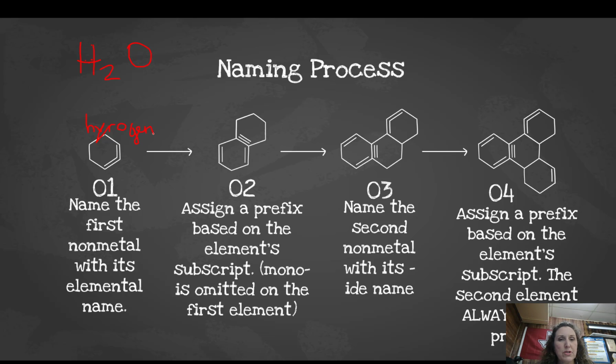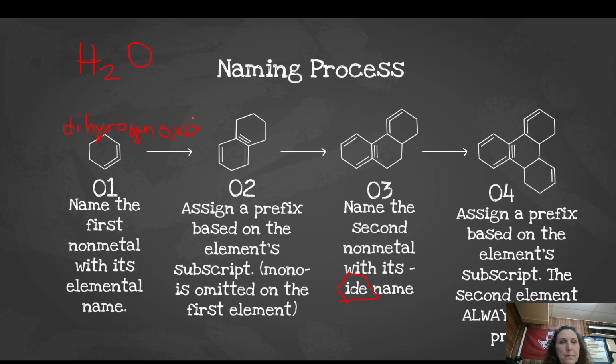All right, hydrogen. Now I'm going to assign a prefix based on the number in the subscript. I have 2, so that's dihydrogen. So I'm going to put that prefix at the beginning, dihydrogen. Then I'm going to name the second nonmetal, oxygen, but I'm going to make sure it has its IDE ending, so oxide.